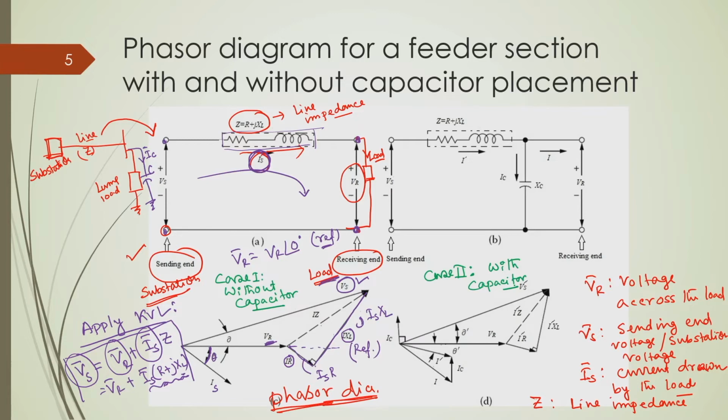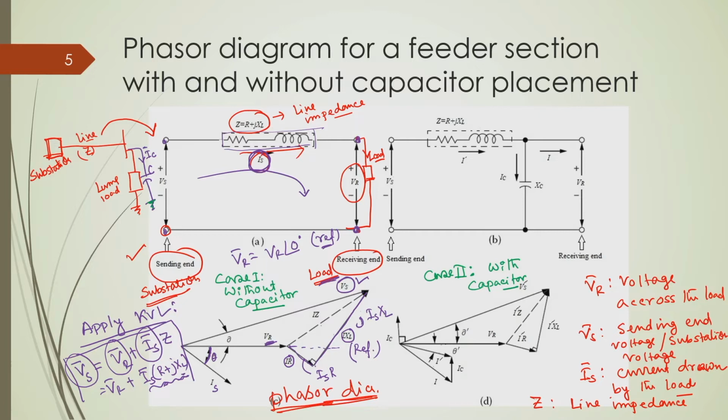Now, we have this capacitor connected at the receiving end or at the load end, which also draws some current. The capacitor current is a leading current; that means the capacitor draws a current which leads its voltage by 90 degrees. We assume that the capacitor is an ideal capacitor.